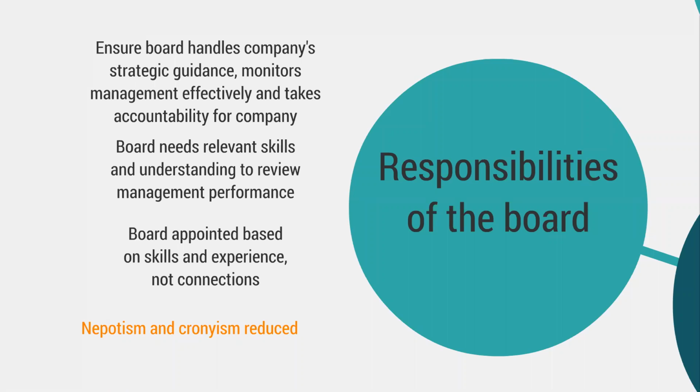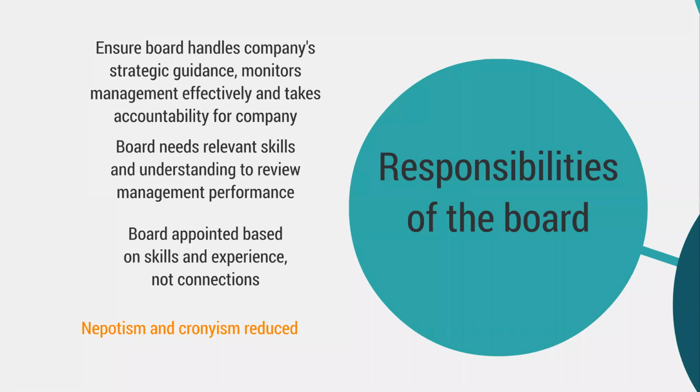Now, this principle also takes into account that those that are appointed to the board are done so because of their skills and their experience, their knowledge of the area, because sometimes people are appointed to the board based on their connections in the business world, or their familial relationships.